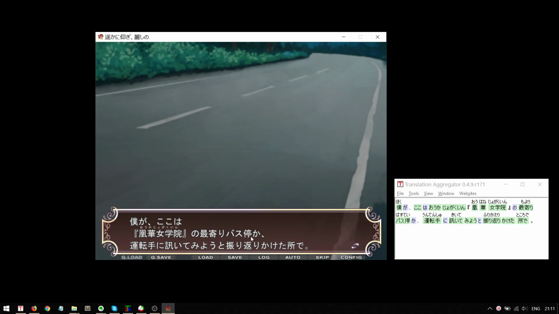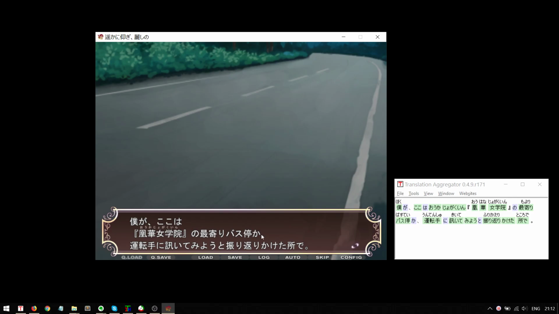So 最寄りバス停 is the closest bus stop. If you say ここは桜花女学園の最寄りバス停 without this ka, that'd be like saying this is the closest stop to the girls' academy.